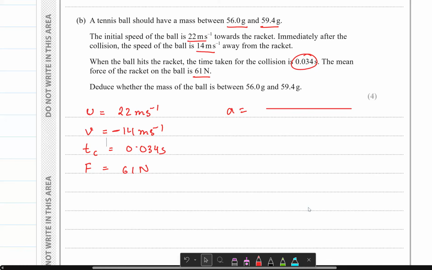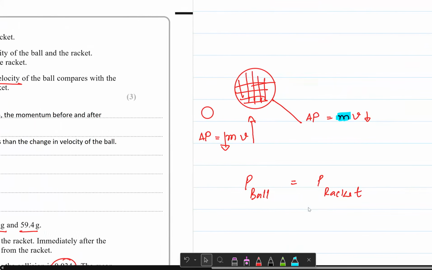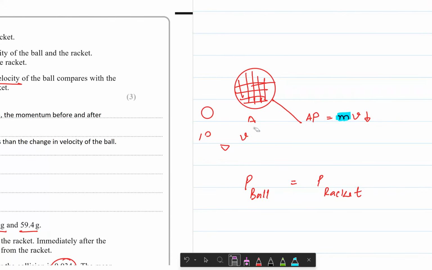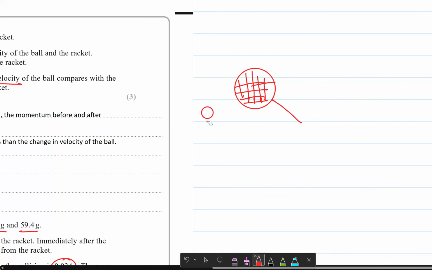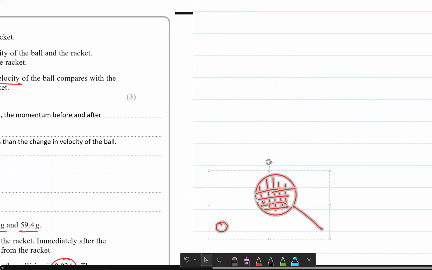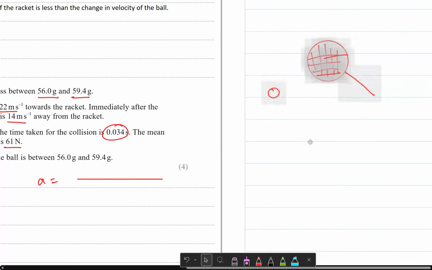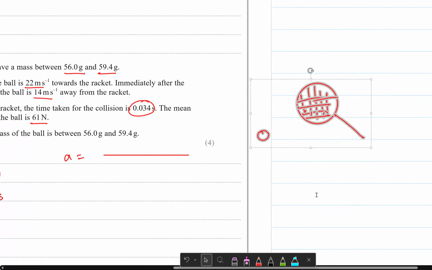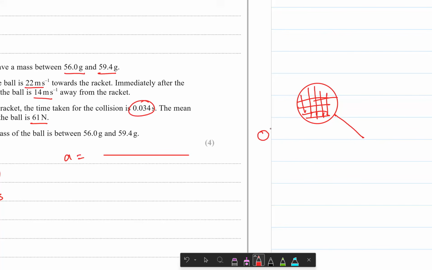The reason being, imagine that the ball is going towards the racket at a velocity of 22.